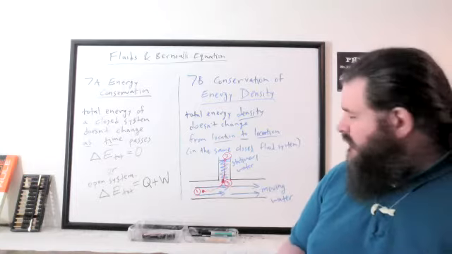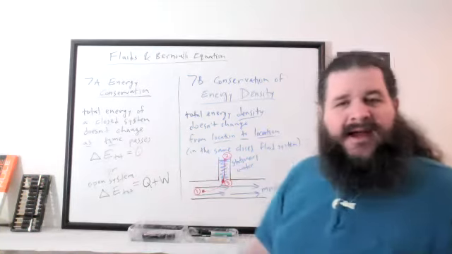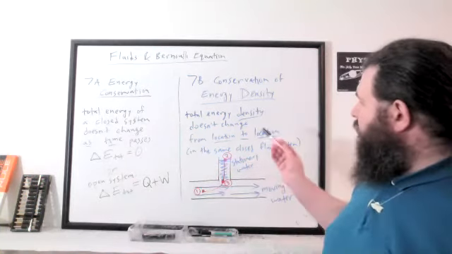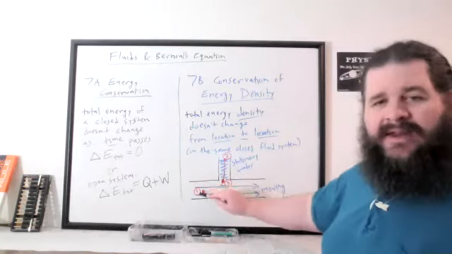So let's try writing this out as an equation. Instead of writing delta E total equals 0 as time passes, we're going to write delta energy density total equals 0 from location to location.